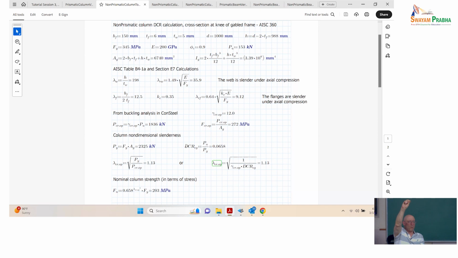Or if you want to say, I go to the spec and I say, I want to know what the strength is of an equivalent prismatic member that has that cross-section, that PU, and that gamma E, or gamma critical. Okay? And I say, well, okay, I've got that one, and I can move down. Okay, let me check this other one. Let me check this other one down here.